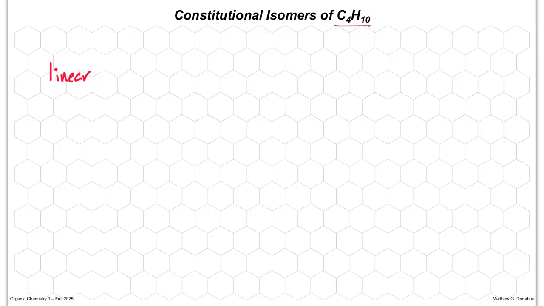So by linear, I mean we're going to take all the carbons, just bond them in a straight line. So C, C, C, C. That's linear.